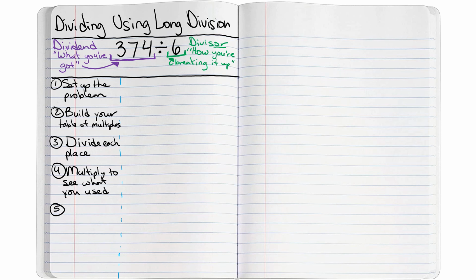Step 5, subtract the part you used. Step 6, bring down the next digit. And step 7, repeat until done.